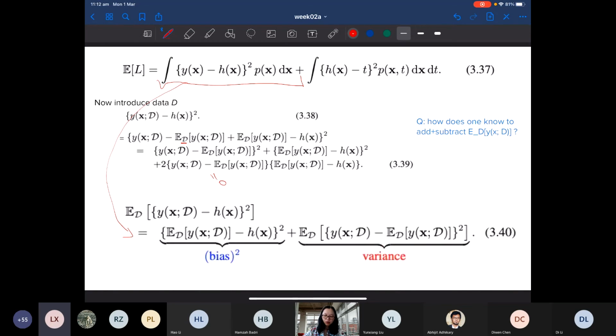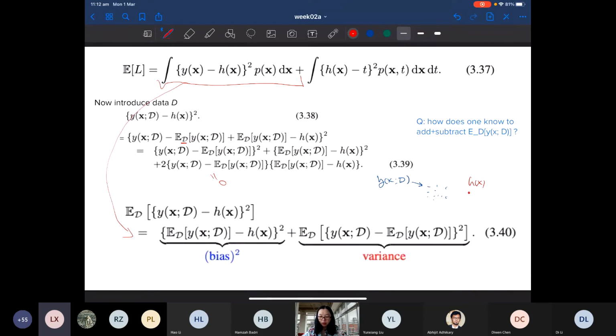A graphical picture, back to the toy cartoon view, is that if we have different estimates as blue dots, each of these blue dots is y of x given a data subset. And then h of x is the parameter, think of it as a parameter in high dimensional space.